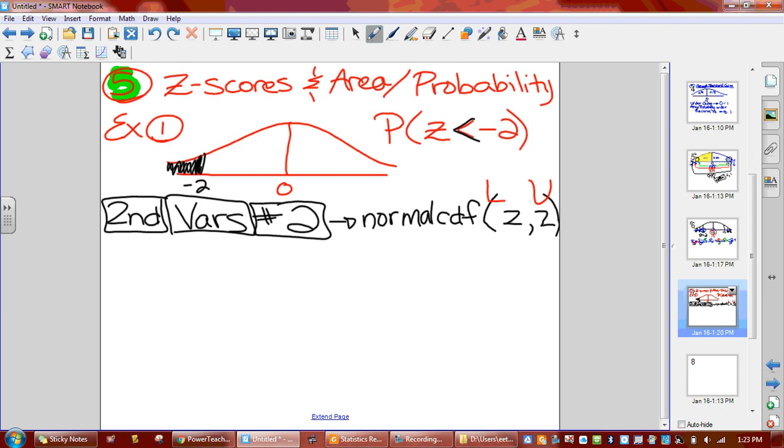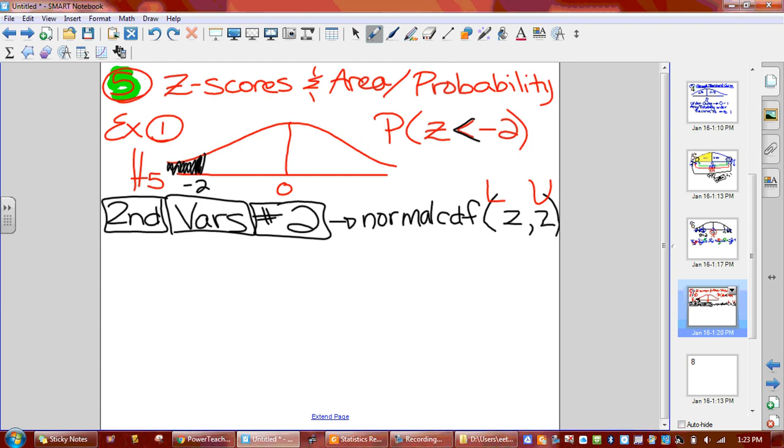Now, so these numbers that I need to put in there, what's my left boundary if I go far left here? -5. I always have to use my -5 if I only have one Z score given. Okay? Whenever they give you one Z score, you're only going to be using a -5 as one of the boundaries, or you're going to be using +5, depending on what the information wants. So in this case, we're going -5 to -2.